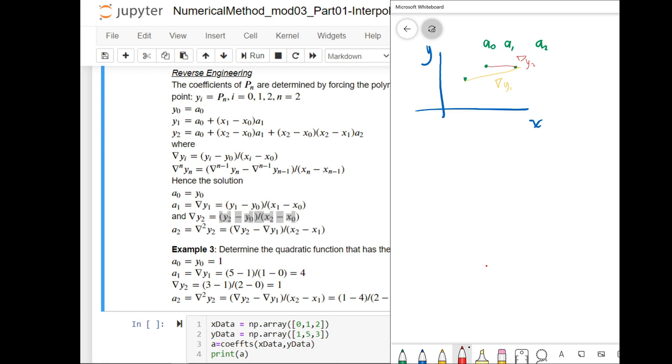So we are looking for the slope of delta y1 and delta y2 in order to get a2.